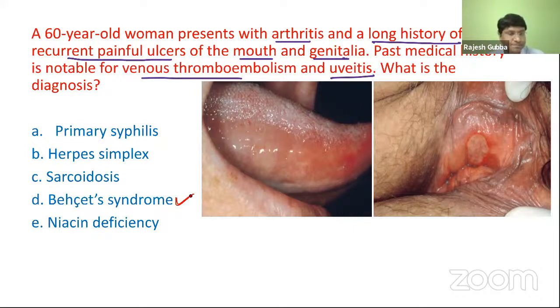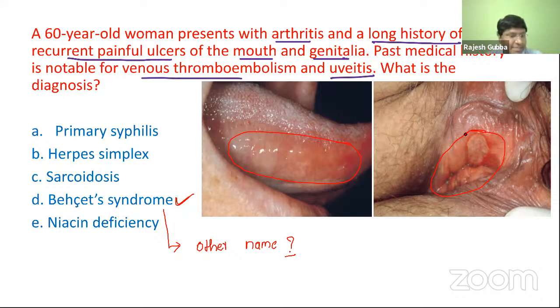Now, why is it Behçet syndrome? Can anyone tell me the other name of this? Now remember, in Behçet syndrome the oral cavity is involved, and the genitals, that is, involvement of the vagina. And remember, there is also involvement of the eyes, in the form of anterior as well as posterior uveitis.